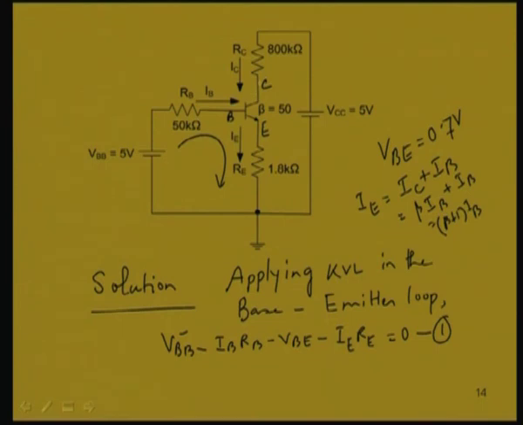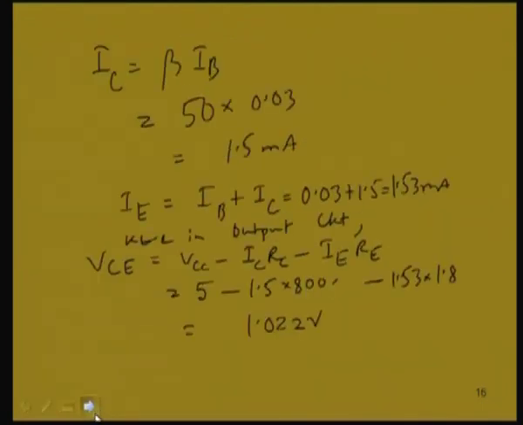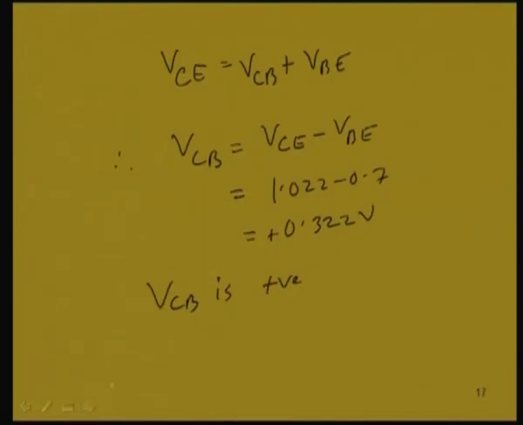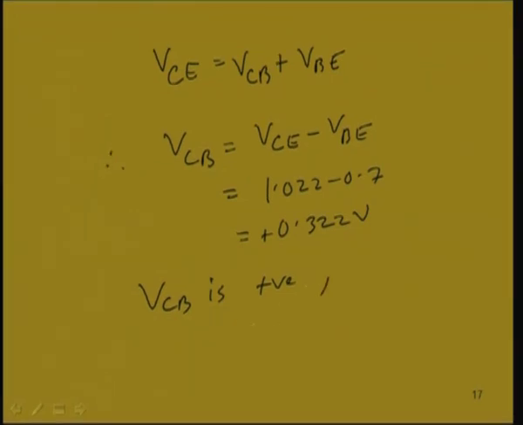So, this point N is positive with respect to P, it is reverse biased. So, that means the transistor is in active mode. This assumption that we initially made, that the transistor is on, is correct, because the input is already forward biased, VBE is positive, we have assumed initially. Again we verify the reverse biasing, the VCB is reverse biased.